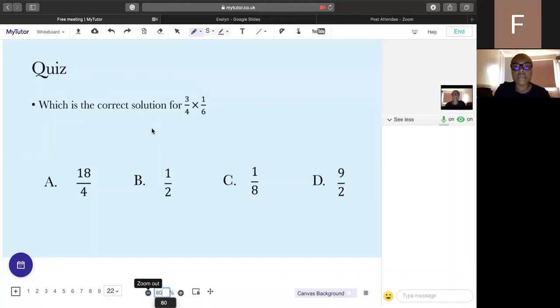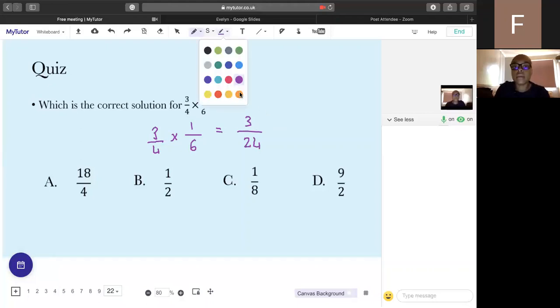So 3 over 4 multiplied by 1 over 6. Multiplying, all we need to do is multiply the numerators together and the denominators together. So 3 times 1 is 3, and 4 times 6 is 24. And then if we were to simplify this, we know that both of these are multiples of 3.